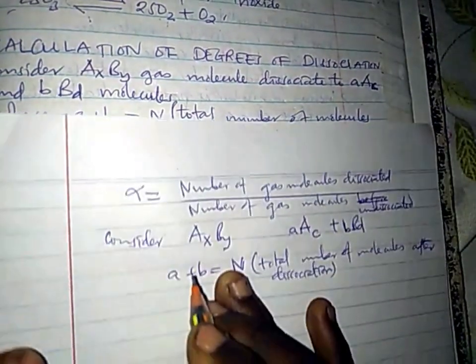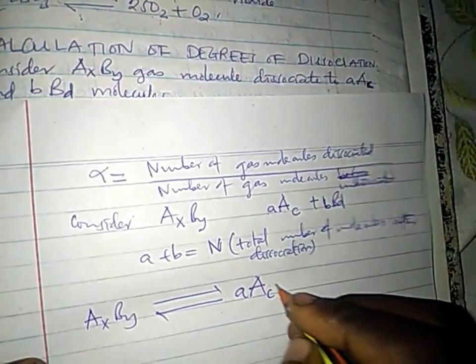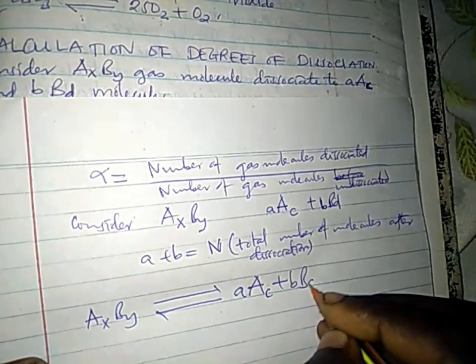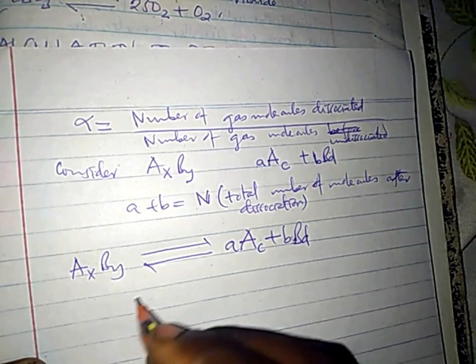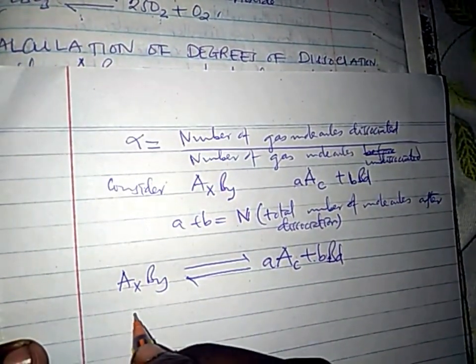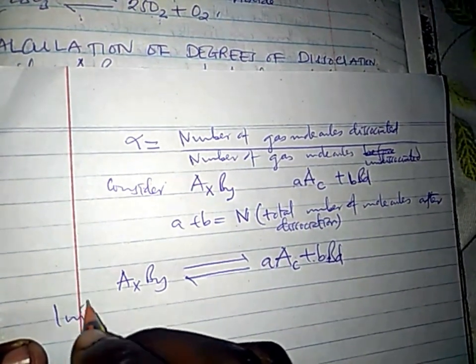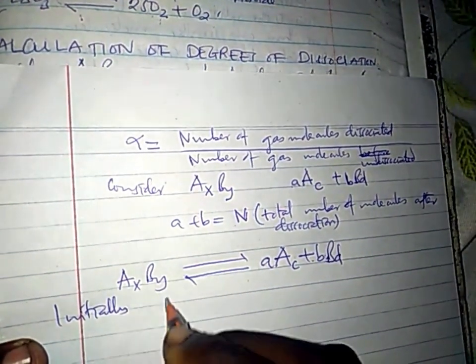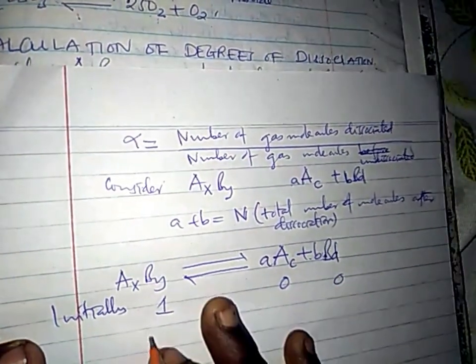Sasa tuangalie hiyo molecule. Mfano ni kwamba tuna AX, BY inadissociate kwenda kutengeneza A yule pale C plus B yule pale D. Then from there tunasema kwamba A plus B yule pale ni sawa total number of molecules N. Kwa hiyo hapa tunasema kwamba mwanzoni initially hapo tulikuwa na 1, hapo tulikuwa na 0 na pale na 0.